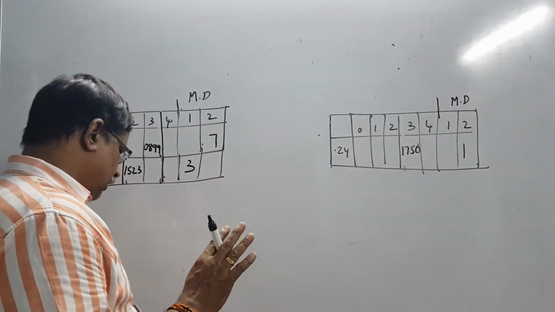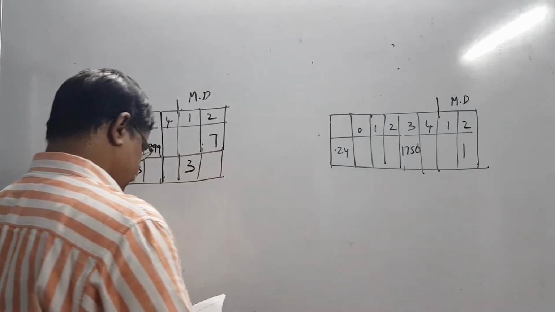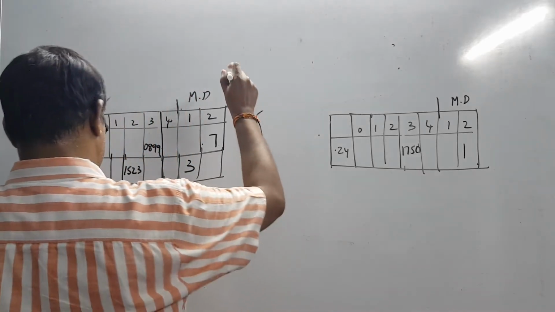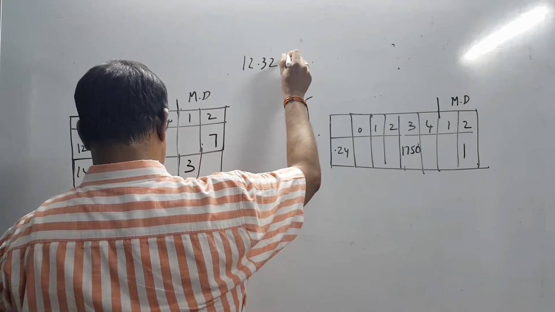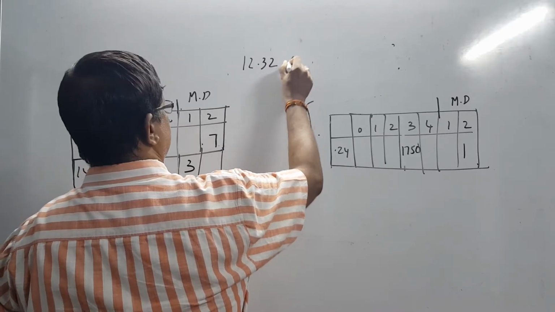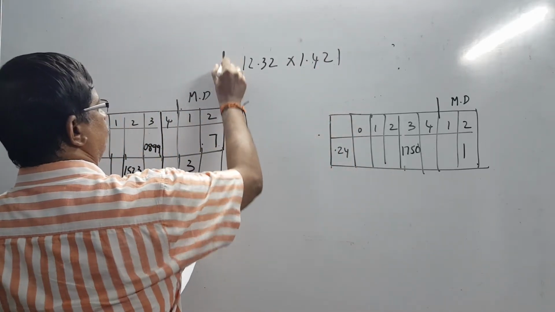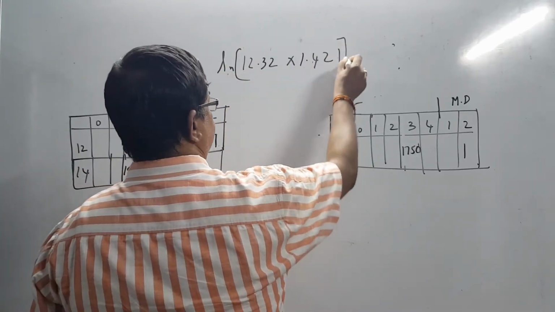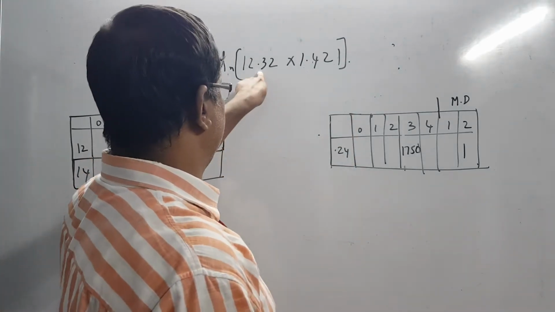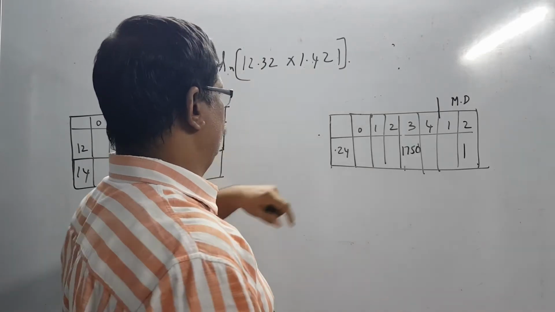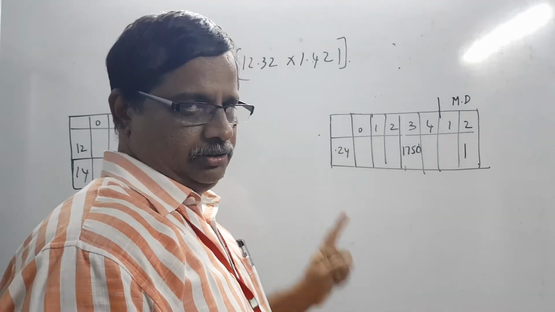For that, let us multiply two numbers, 12.32 and 1.421. We are going to multiply 12.32 with 1.421 and find the product by using the logarithm table.